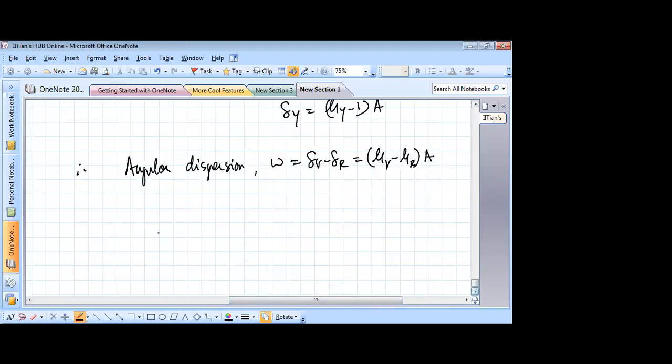And mean dispersion, which is also called dispersive power, becomes this.